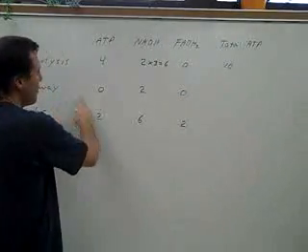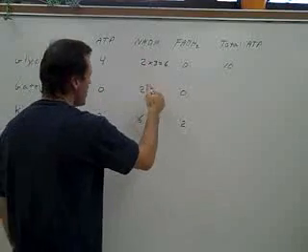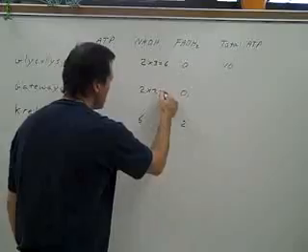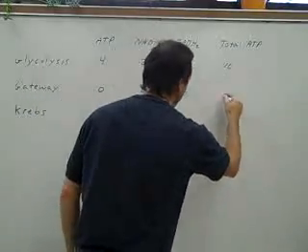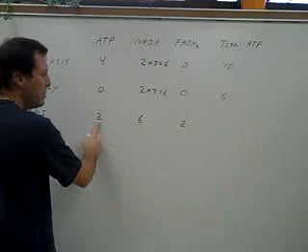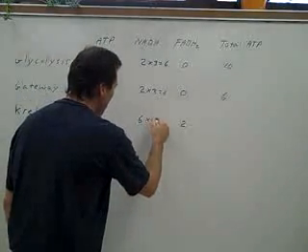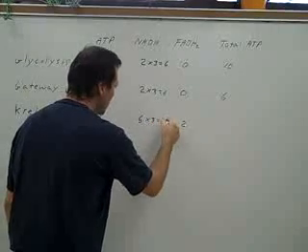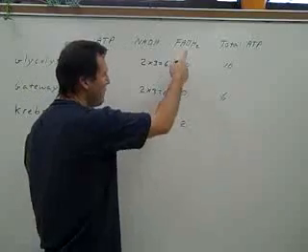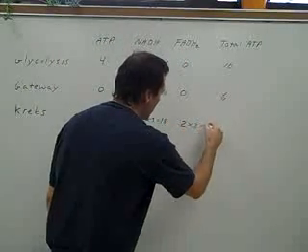If we do the same thing for the gateway, we find out we produce 2 NADHs, each capable of giving us 3 ATP, so 2 times 3 equals 6, and we're going to have a total of 6 ATP. And the Krebs cycle is going to give us 2 ATP immediately, 6 NADHs, each capable of giving us 3 ATP for a total of 18, 2 FADH2s, each FADH2 is capable of producing 2 ATP for a total of 4.